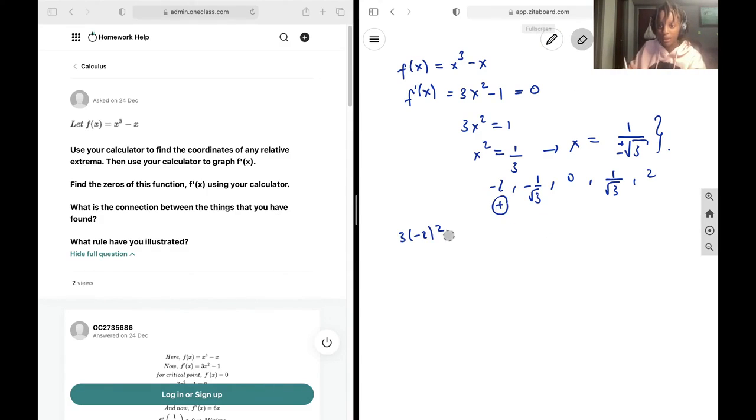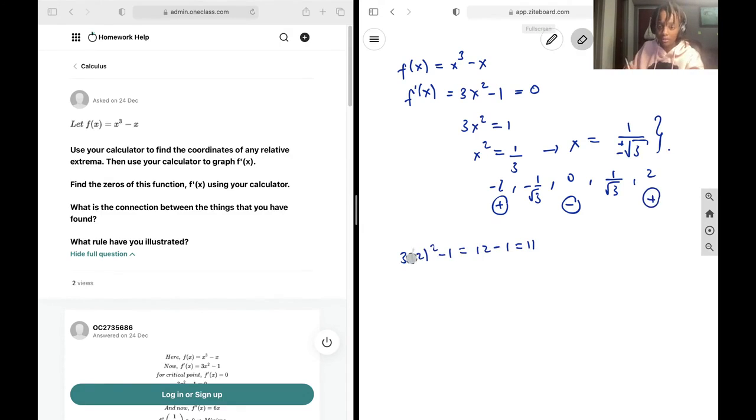Next, we check 0, and we get 3 times 0 squared minus 1, which is just minus 1, so you expect a negative gradient. Next, we test 2. So 3 times 2 squared minus 1 again gives us 12 minus 1, which is 11. So you expect another positive.